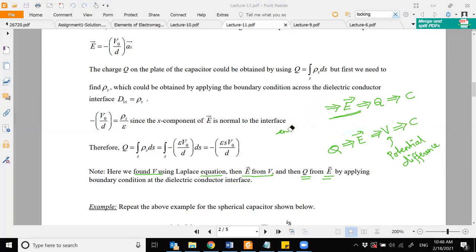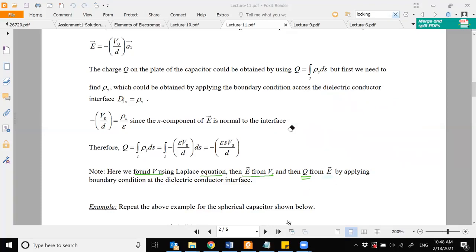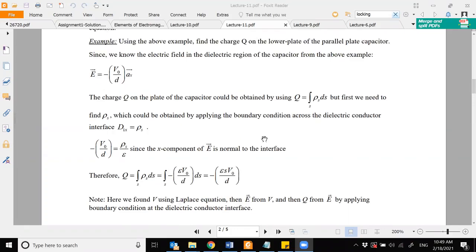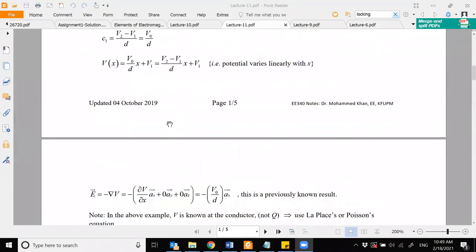So now, for other examples, we are not going to go and find Q by using boundary conditions and from Q find the capacitance. These steps I'm leaving to you. So we will just stop here.